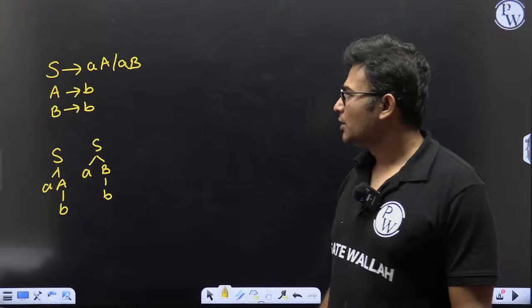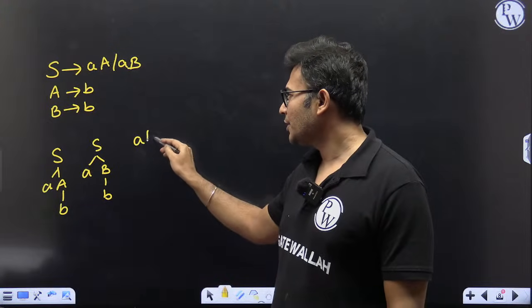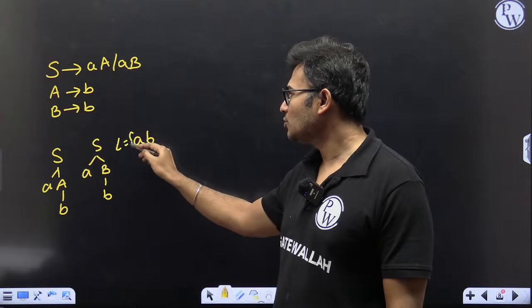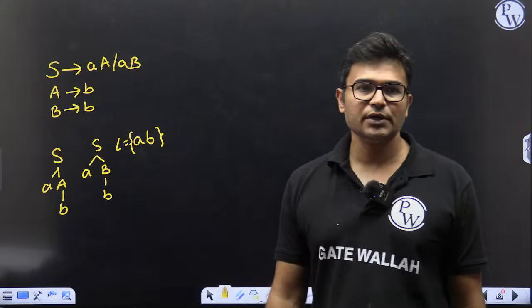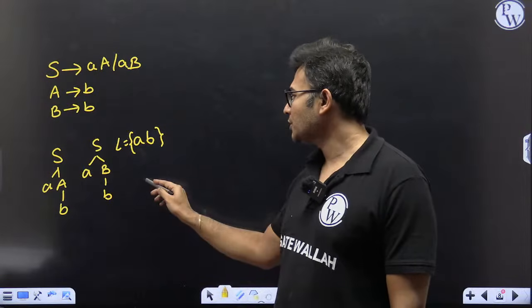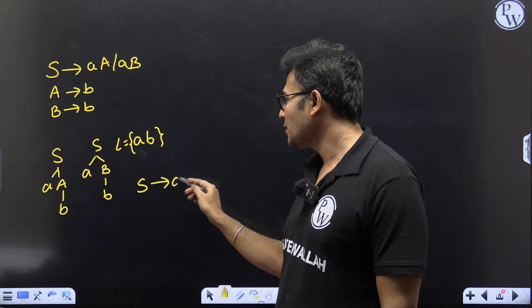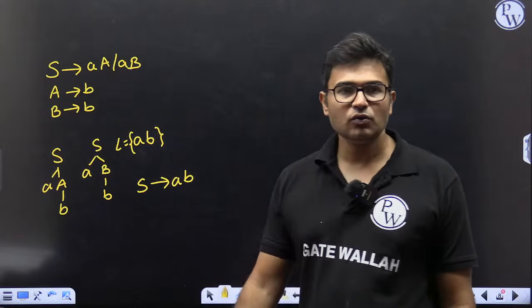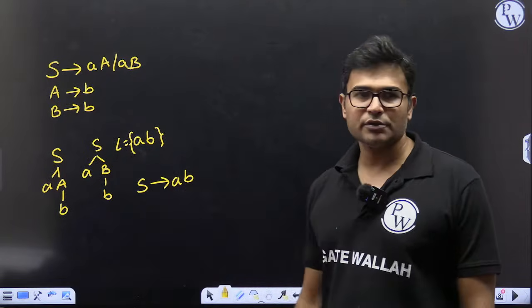Very good. So the actual language generated is AB. Language equal to AB, only one string. So for this one string, I could write a grammar A derives AB. Now this grammar is an unambiguous grammar.